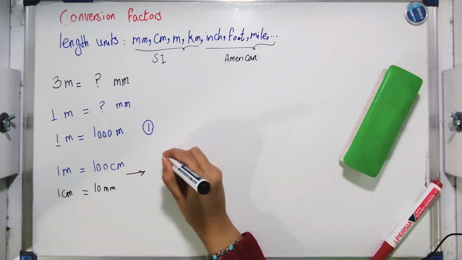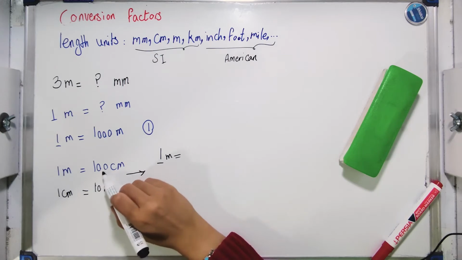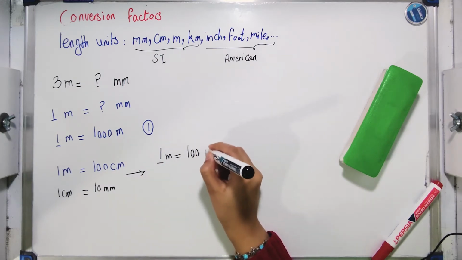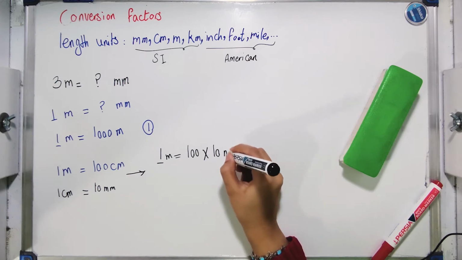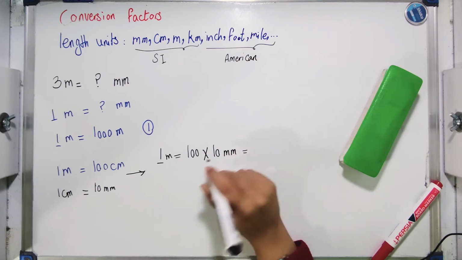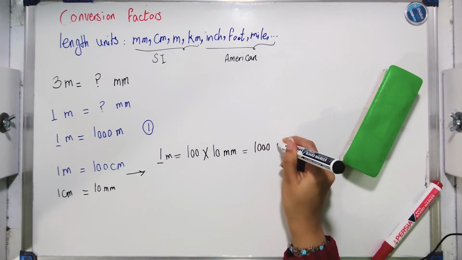So in every meter, I keep 100 and instead of centimeter put 10 millimeters. I can say in every meter I have 1,000 millimeters.